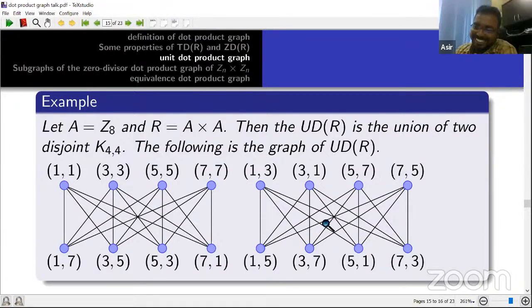Okay, so actually I have a question. When you consider an Artinian ring, we have a decomposition, right? Decomposition into local rings. So in that case, these two graphs are the same, right?